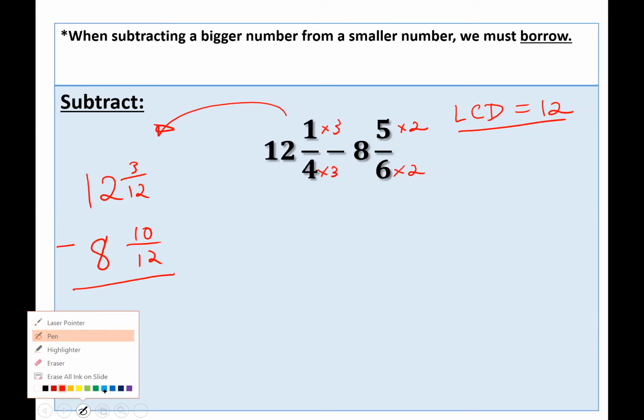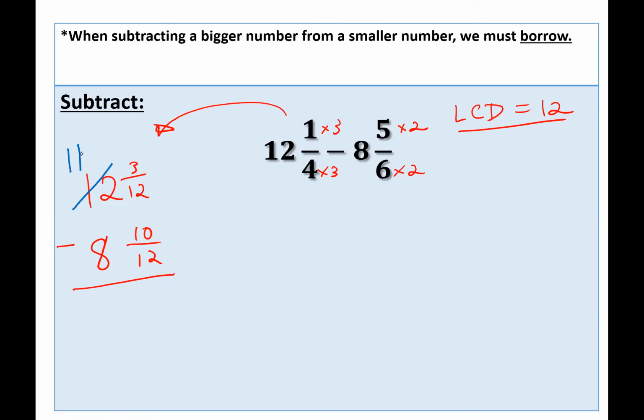Okay, what is that going to look like with fractions? Normally when we borrow 1. So I'm going to borrow 1 from the 12. So I'm crossing out the 12 and writing 11. Now where is that 1 going to go? You might think I'm going to write it next to this 3 and make this a 13, but we're not. We're writing it as a big whole number 1.